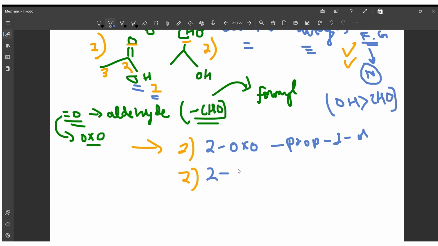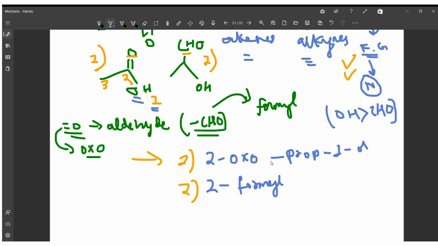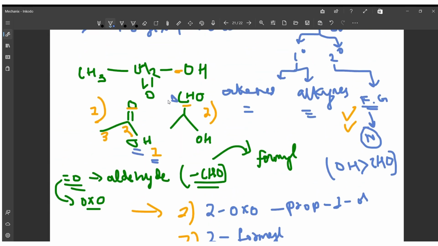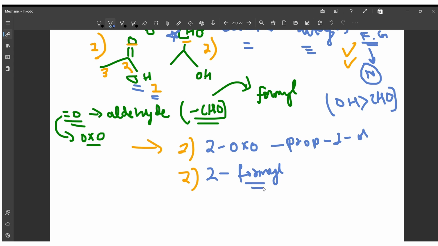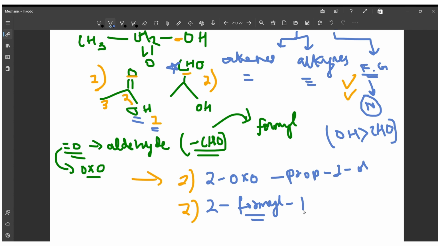That will be 2-formyl instead of oxo because we have the entire CHO. So we must account for this carbon that is actually represented by the formyl here. 1-ol will be the compound name for the second one.